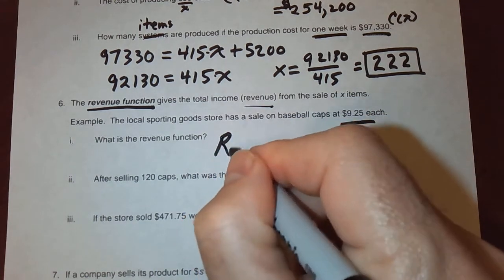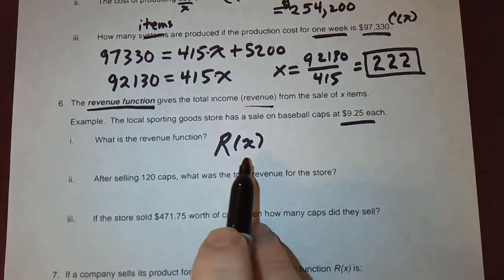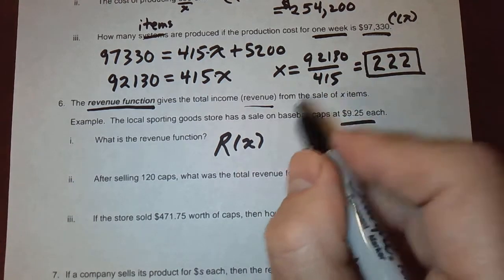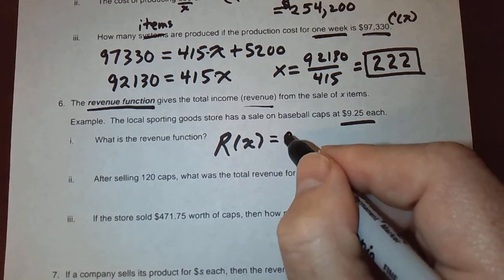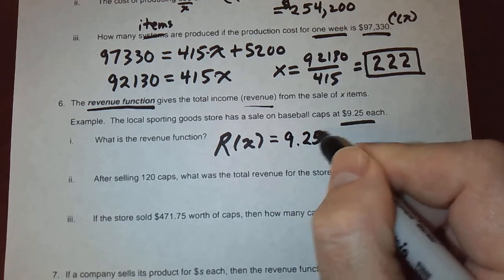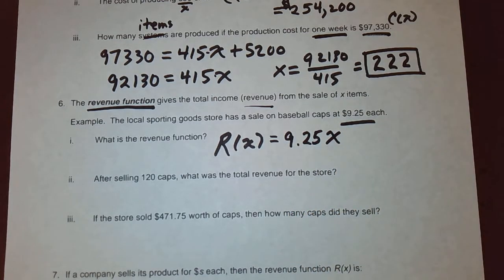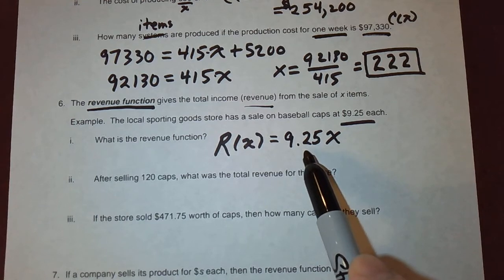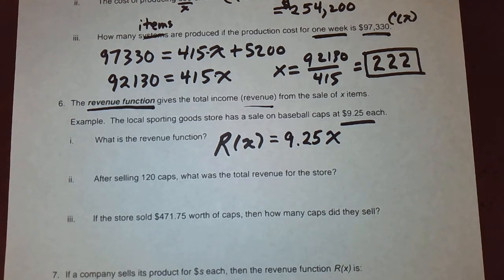Well, I use a capital R for the revenue function, R of x, where x is the number of baseball caps that are sold, equals 9.25x. That's it. $9.25 times the number of hats that are sold.